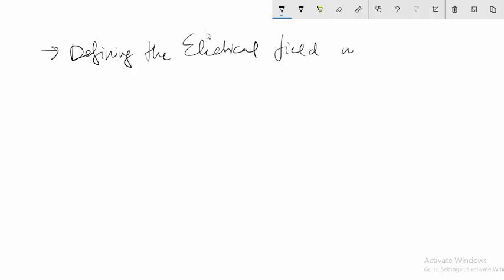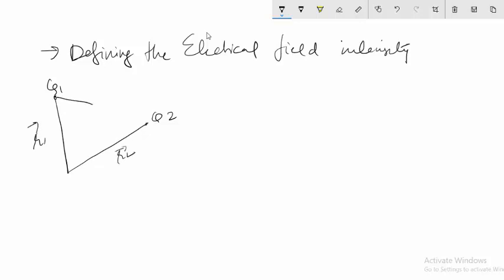The next topic is defining the electric field intensity. What we have done is that we had two point charges Q1 and Q2, separated by a distance, with position vectors r1 and r2, and this was the distance vector between them, r12, and we found the force F12.